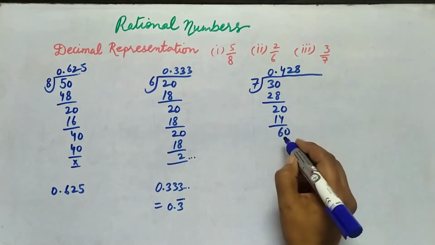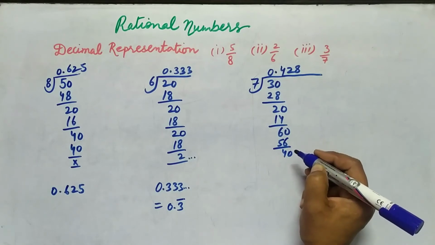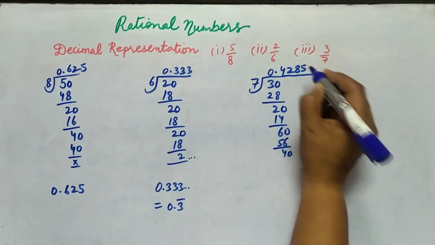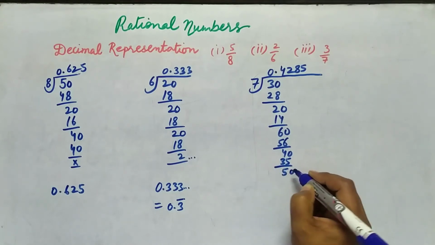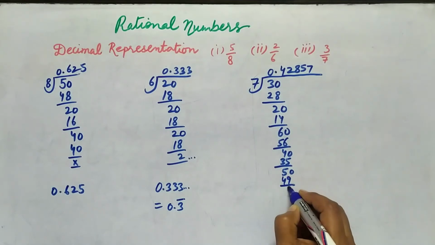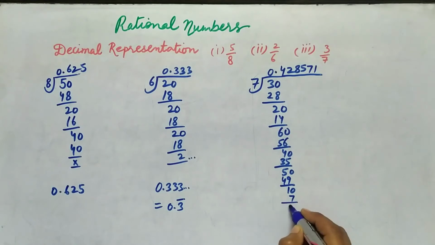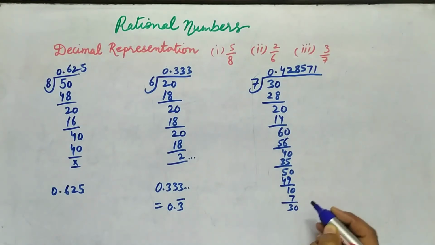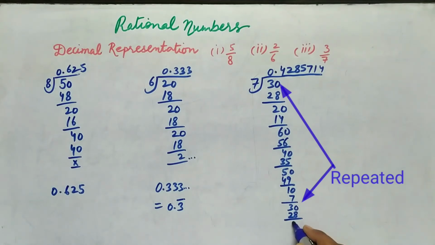Then 7 8s are 56. 4 is left. Again 0. 7 5s are 35. 5 is left. 0. 7 7s are 49. 1 0. 7 1s are 7. 3 0. 7 4s are 28. 2 0.